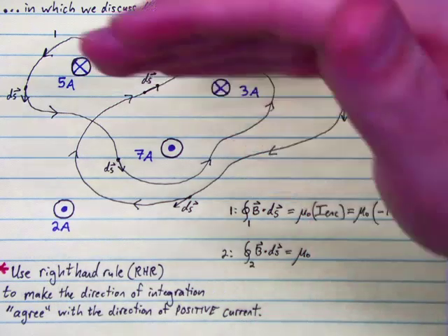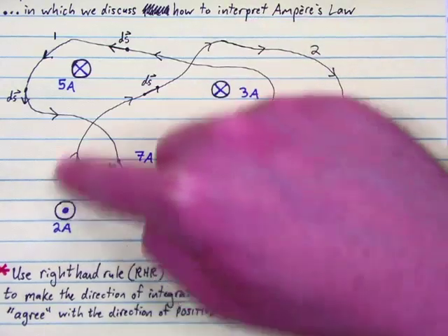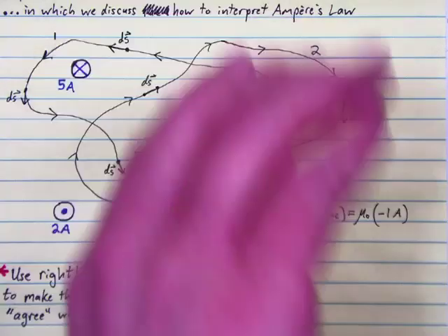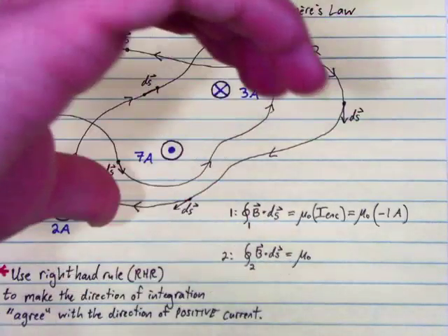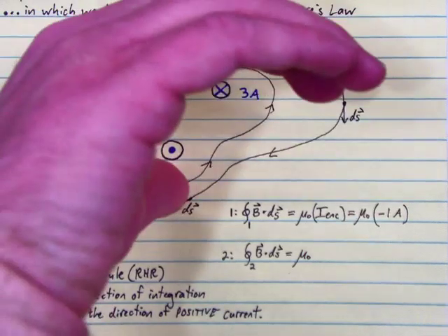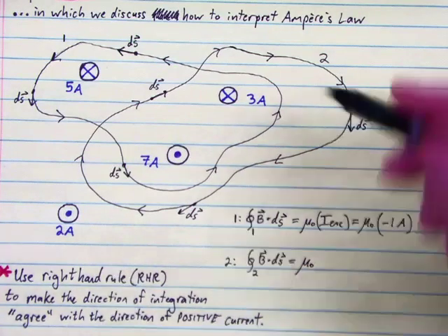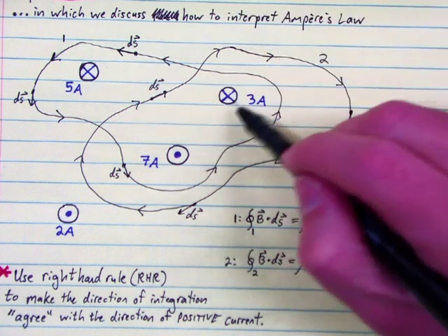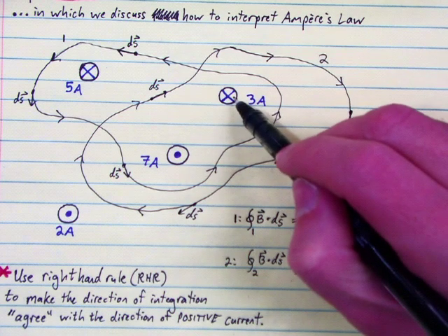Okay, now we need a right-hand rule again to compare the direction of integration to the direction of positive current. This time, if we're moving clockwise around that path, then take your right hand, fingertips curling clockwise around the path, and your thumb will be pointing into the page. That means for this path, into the page will be the positive direction. So this wire right here, carrying current into the page, will represent a positive 3 amps.